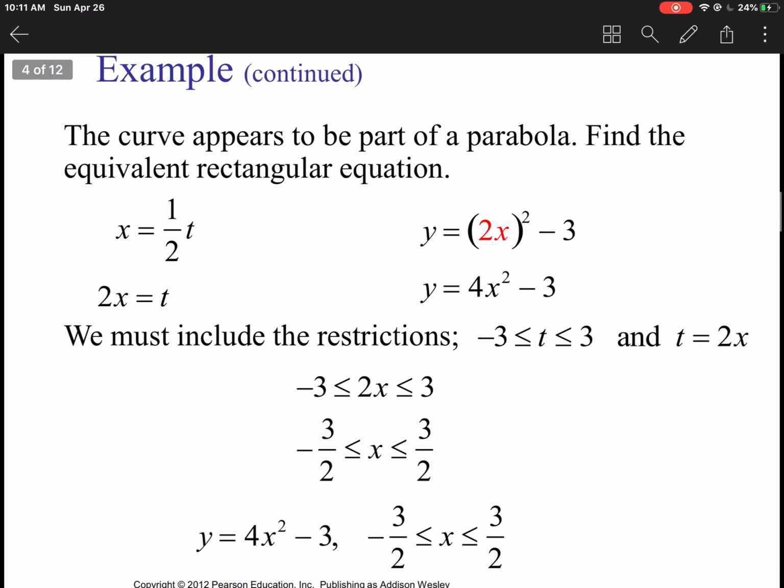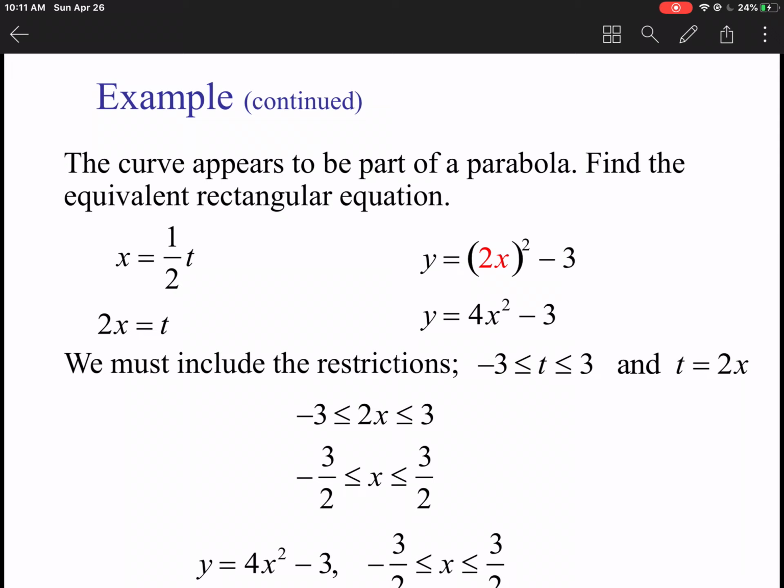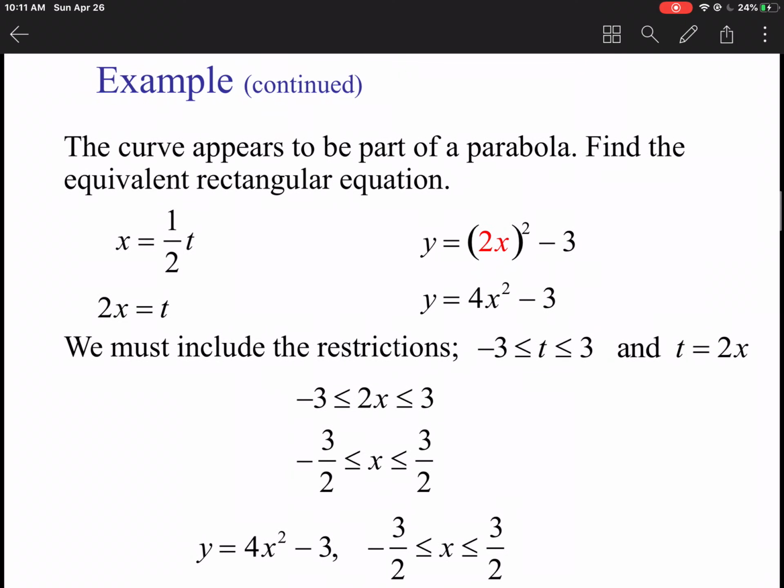So we could also represent this curve using a single equation in terms of x and y. We call it the Cartesian equation, or the rectangular equation, like what we talked about before when we were doing polar and rectangular graphs or points.